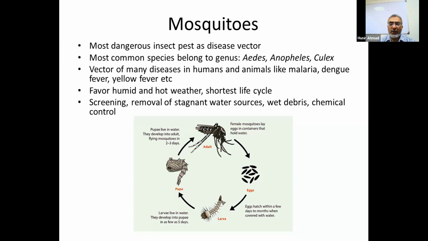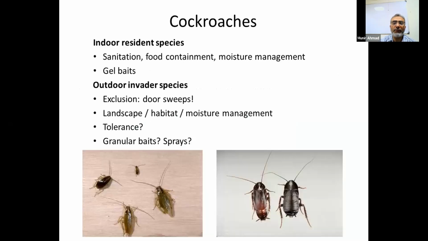They are the major stage of the mosquito which comes in contact with us as vectors, and if they carry the disease, they transmit it from one host to another, because females need a protein diet for the maturation of their eggs. That's why they feed on human blood or other animals.